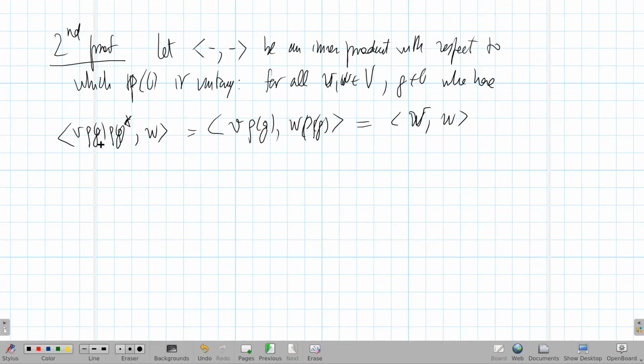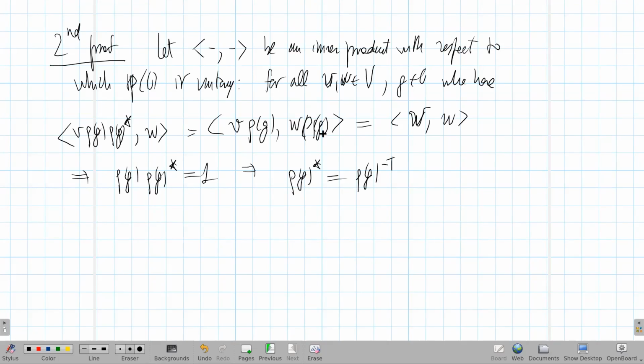Since you have this equality for all v and w, and inner products are non-degenerate, this means that rho g star times rho g has to be the identity, which means that the adjoint is simply the inverse.